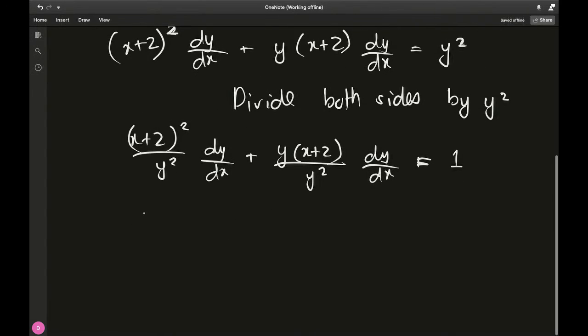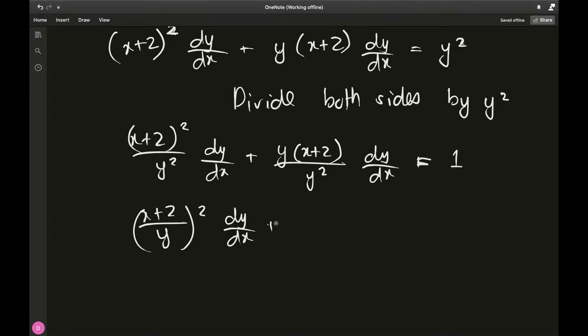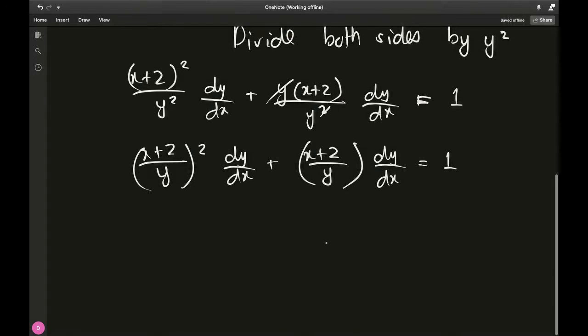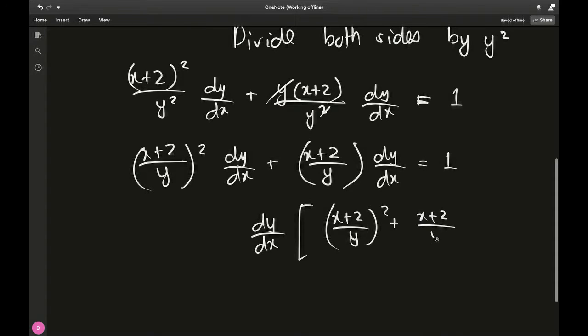So I can take this under a common square operator, plus we can cancel one y and write this as x plus 2 divided by y, dy over dx, being equal to 1. Now at this point what I can do is have dy over dx common in these expressions: x plus 2 over y whole thing squared plus x plus 2 over y being equal to 1.